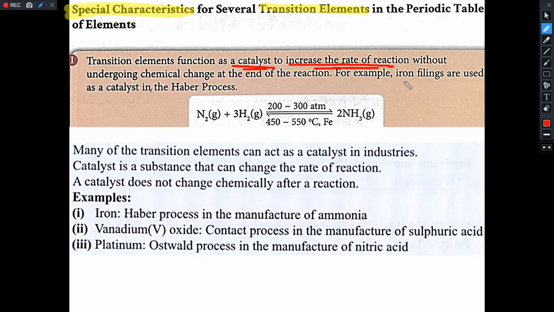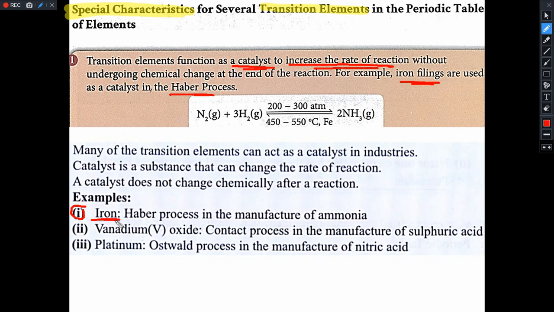For example, iron filings used in the Haber process. You must remember at least one example of a catalyst. And here I encourage you to remember the first one, which is iron.